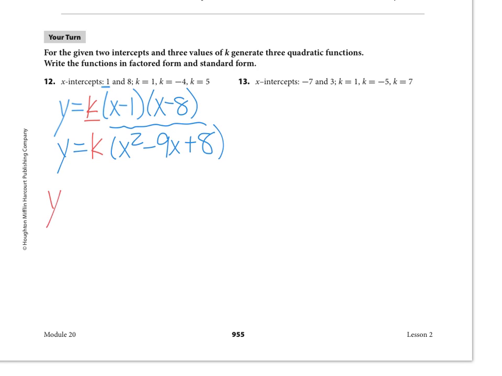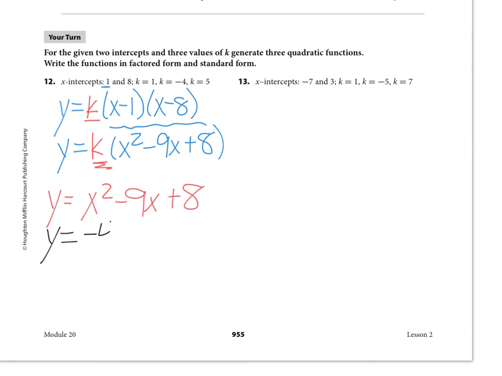So then I can do when k is 1. If I multiply all of this by 1, what do I end up with? I just end up with x squared minus 9x plus 8. If I do when k is -4, I'm distributing -4 over this.